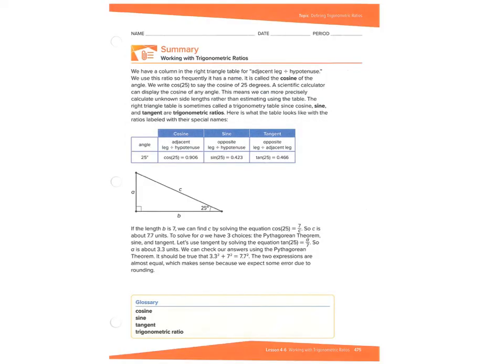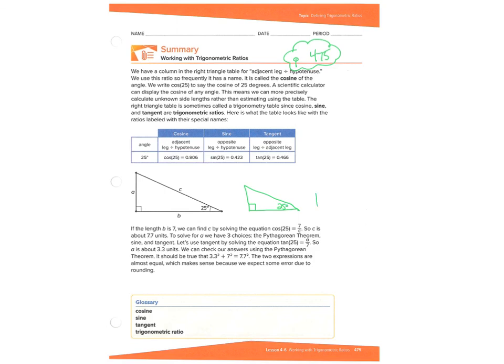I'm on the summary page of this lesson, which is on page 475 of your books. I just want to mention on this page that it doesn't matter the size of your triangle. Let's say I had a slightly smaller right triangle, but this was still a 25-degree angle.